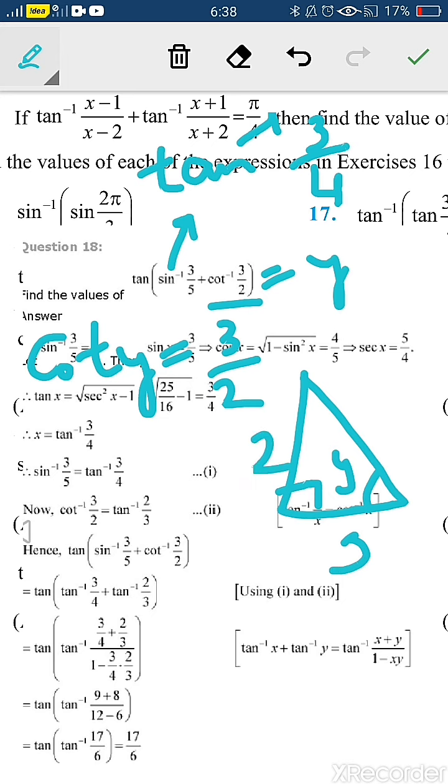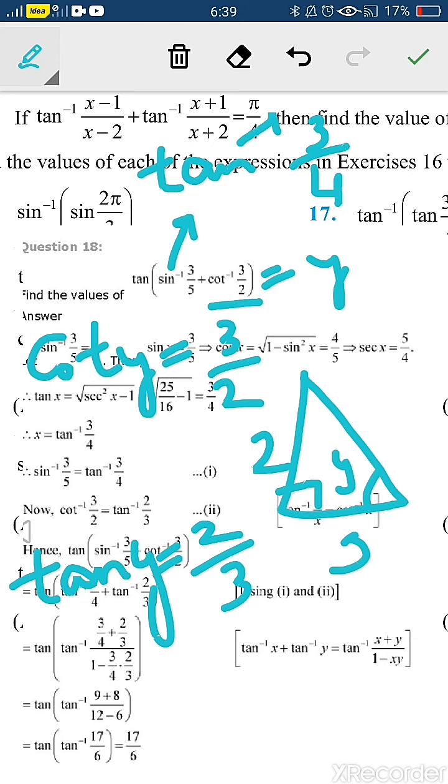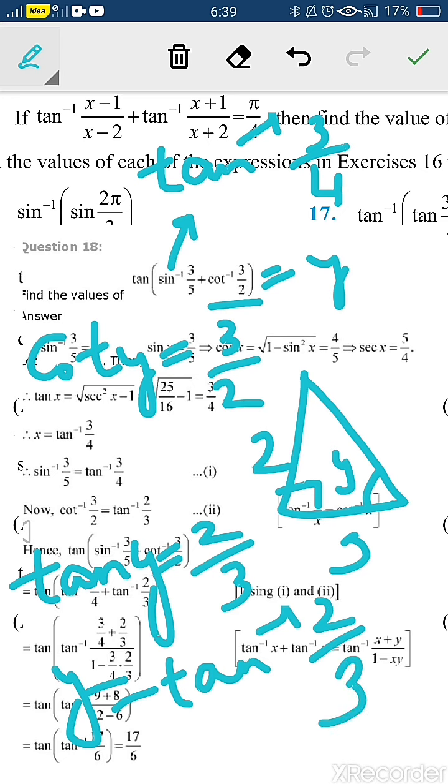Is there a need to get the hypotenuse? No need, because we want the function in tan. So cot y is the reciprocal of tan y. So what is tan y? Tan y is equal to 2 by 3, perpendicular upon base. So y is equal to tan inverse 2 by 3.